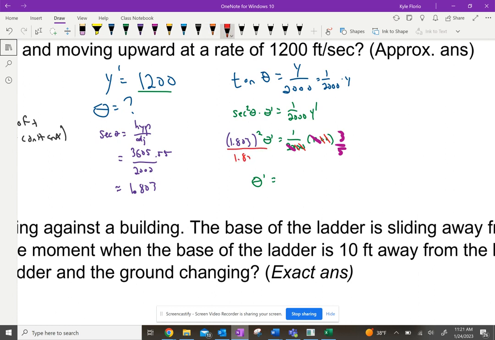Here I'm going to divide both sides by whatever that number is, so it's going to be down here, 1.803 squared. So put that all into the calculator, and 3 divided by 5 times 1.803 squared comes out to be about 0.185 radians per second.